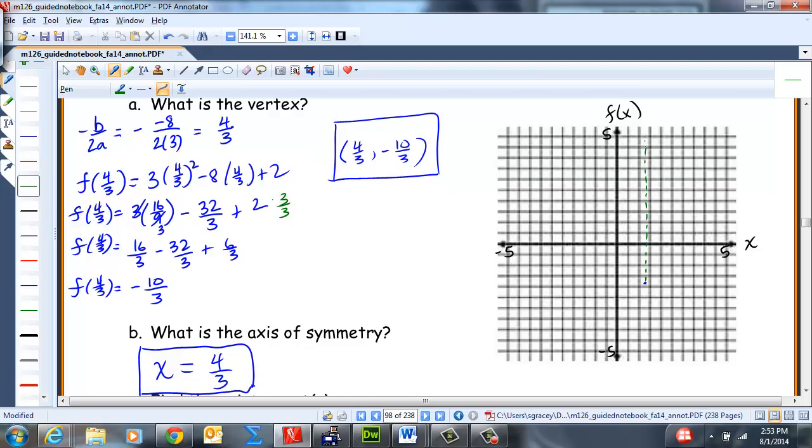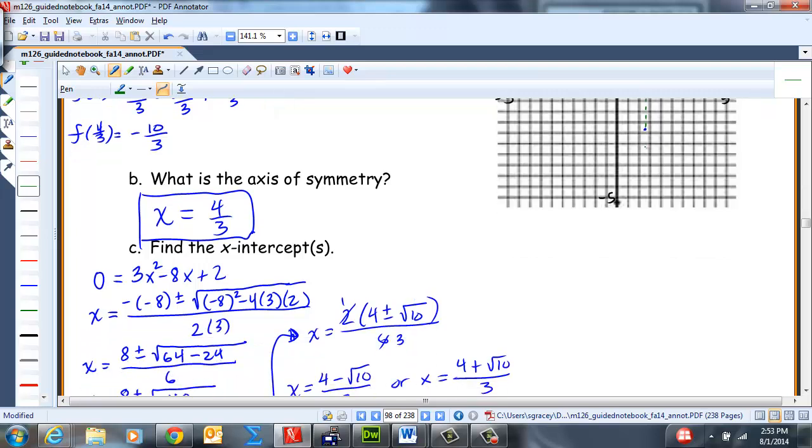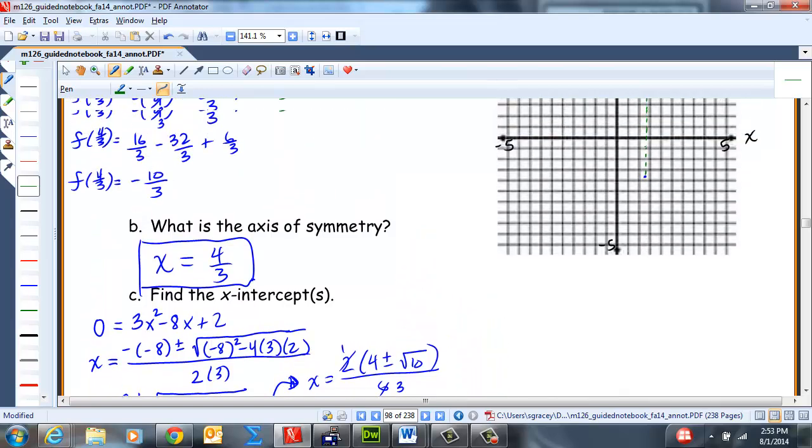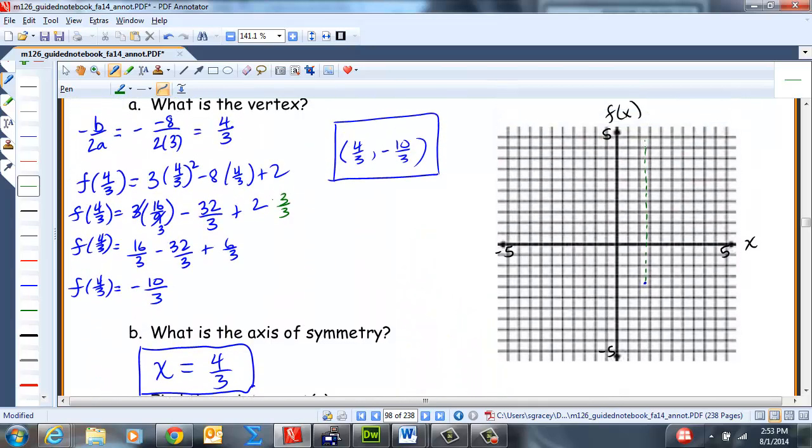And then what else did we have? We had ordered pairs at about 0.3 and 2.4, 0.3 and 2.4 for the x-intercepts.